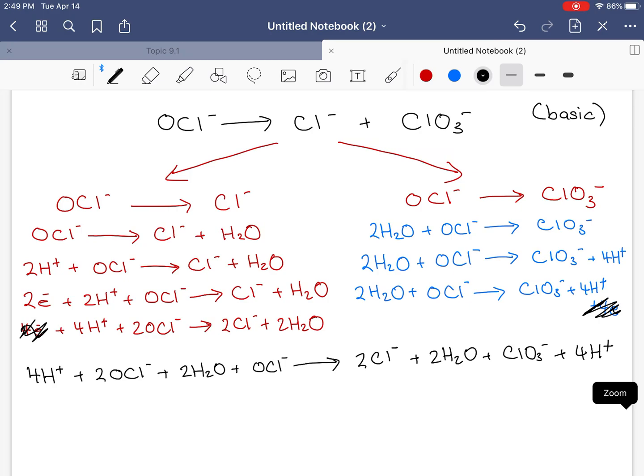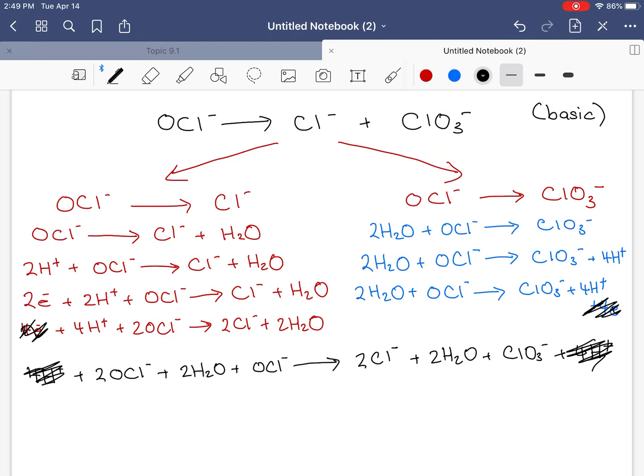Oh, look at that. Looks like acidic or basic, it really doesn't matter for this case, does it? Hope you see that, because the H plus gets canceled. There is no need to insert OH minus.